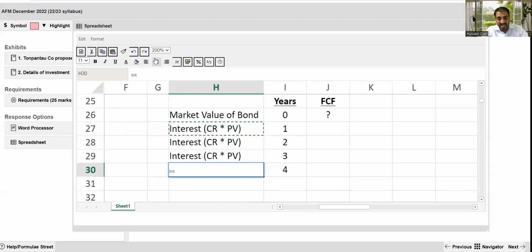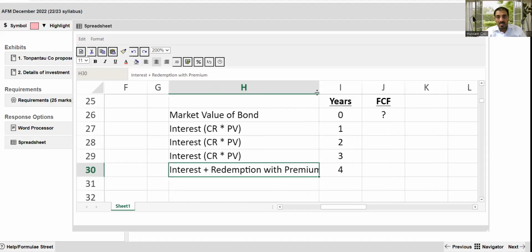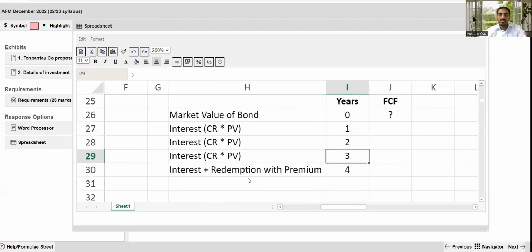And at the last, interest plus redemption, and in this case, redemption at premium.